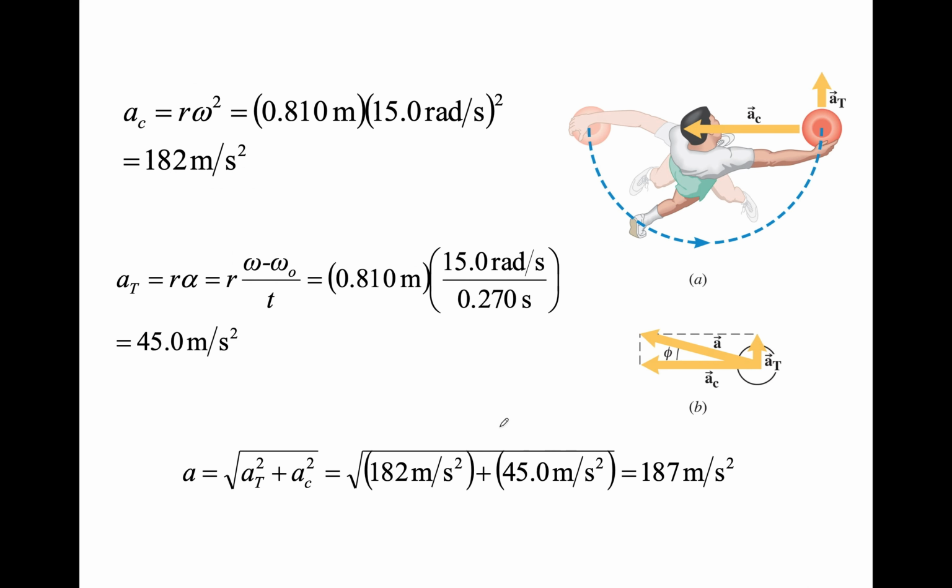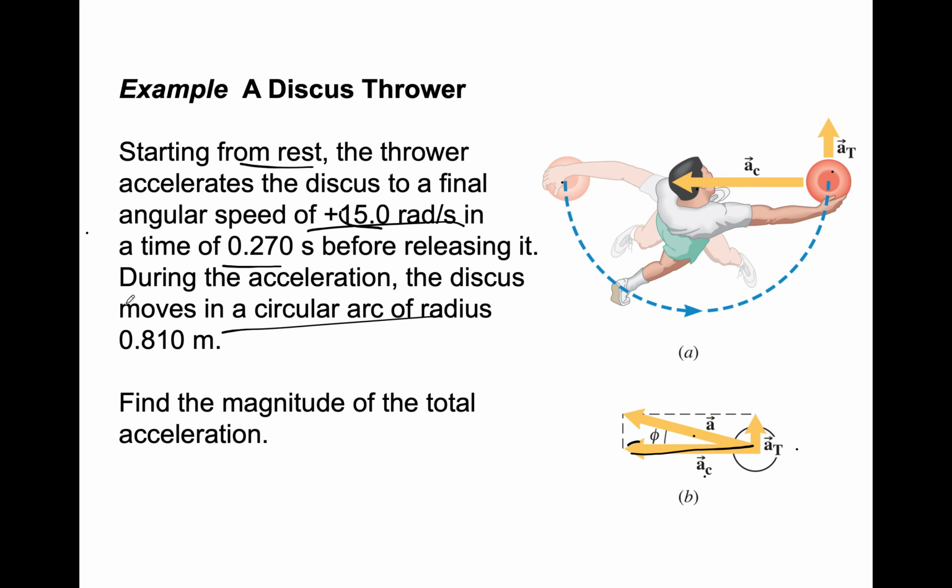So AC can be calculated as r times omega squared. This one is easier for us to calculate because omega is already given. Radius 0.81, final omega 15 radians per second, squared. That gives us a centripetal acceleration of 182 meters per second squared. And then we need to calculate the tangential acceleration.